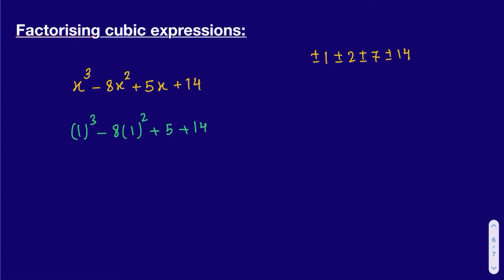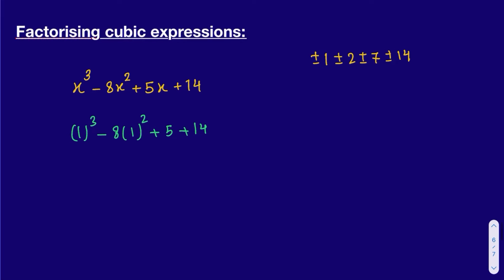Let's see if it is equal to 0 or not. So 1 minus 8 will be minus 7, plus 5 plus 14. That is not equal to 0. Therefore, positive 1 is not a root of this cubic expression.